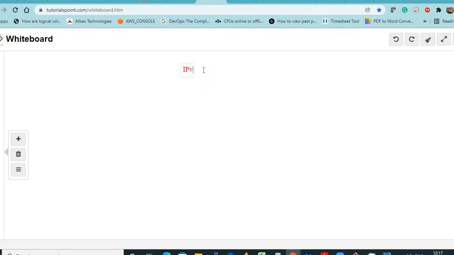That is what we are following now, the IPv4 addressing format, because that was decided in the early days when they started with networking. This is of 32 bits.